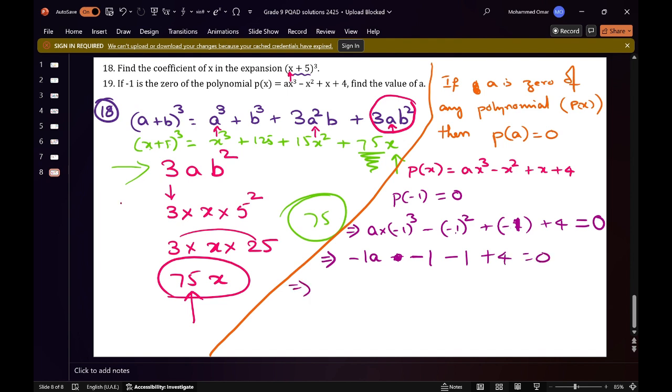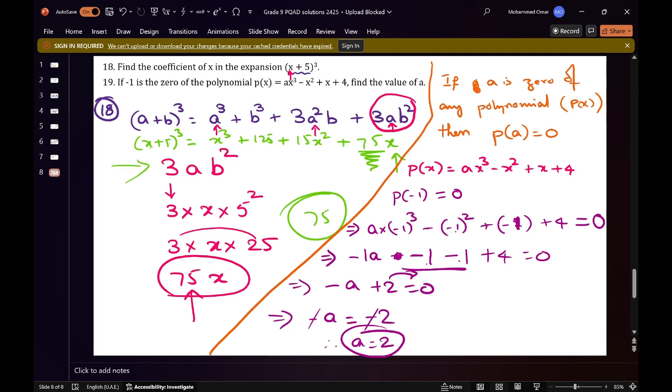That implies minus a, minus 1 and minus 1, add these two: 1 plus 1 is 2. Since both are negative, you make it minus 2. Minus 2 plus 4 is plus 2. Plus 2 is equal to 0. Now when you transpose plus 2, minus a is equal to minus 2. So minus and minus get cancelled. Therefore, a is equal to 2.